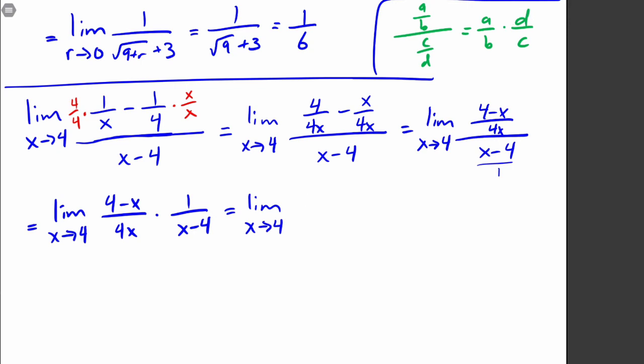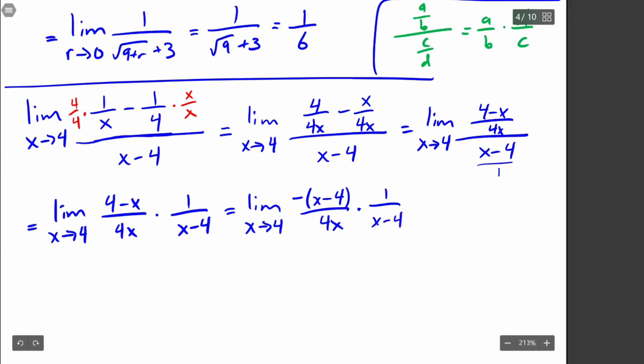But if you can't see it, this 4 minus x and this x minus 4 have some cancellation, because we can factor out a negative sign here. And hopefully you can see the cancellation. We have the limit as x goes to 4 of negative 1 over 4x. And so our final answer is minus 1 over 16.